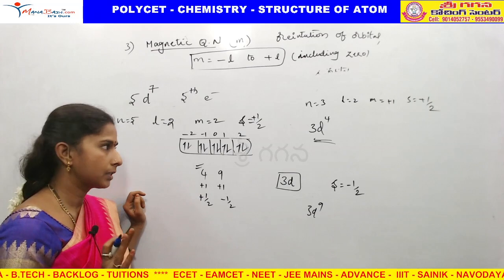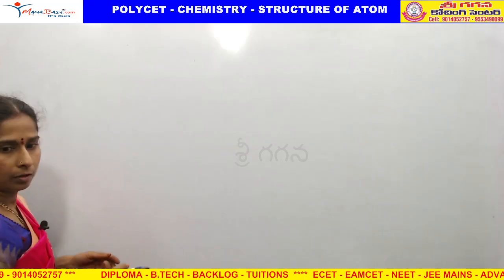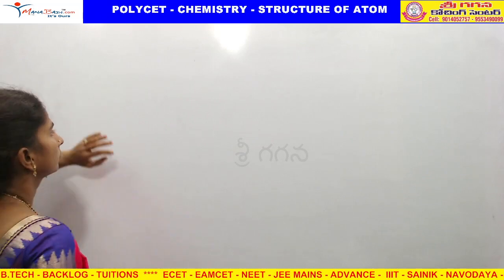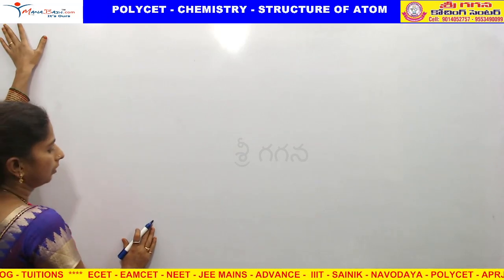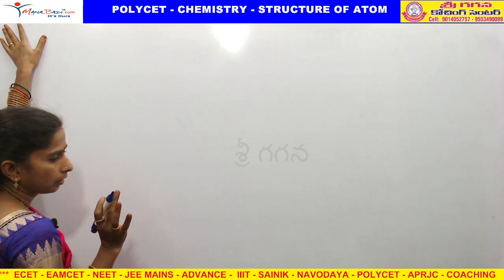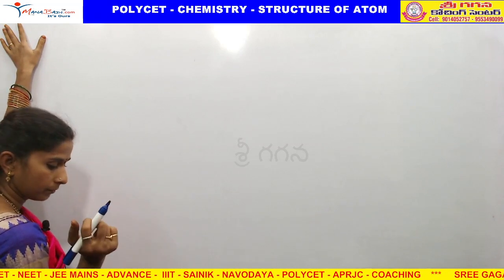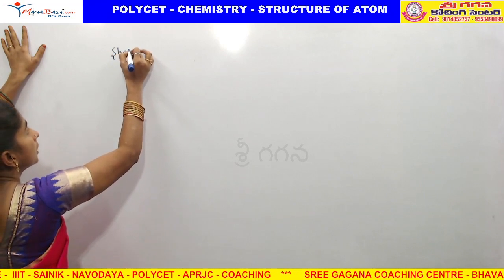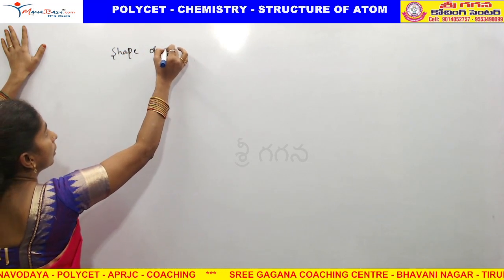I hope you understand, right? So that is about quantum numbers. After that, shape of orbital.